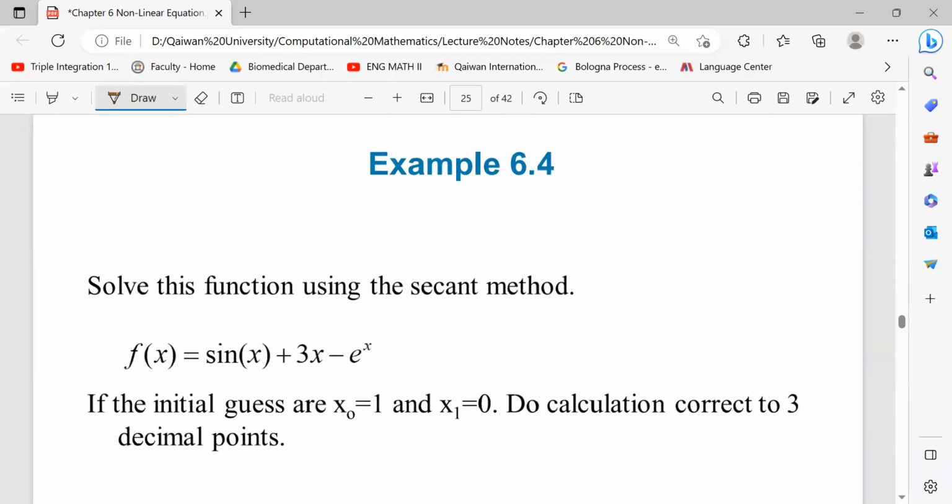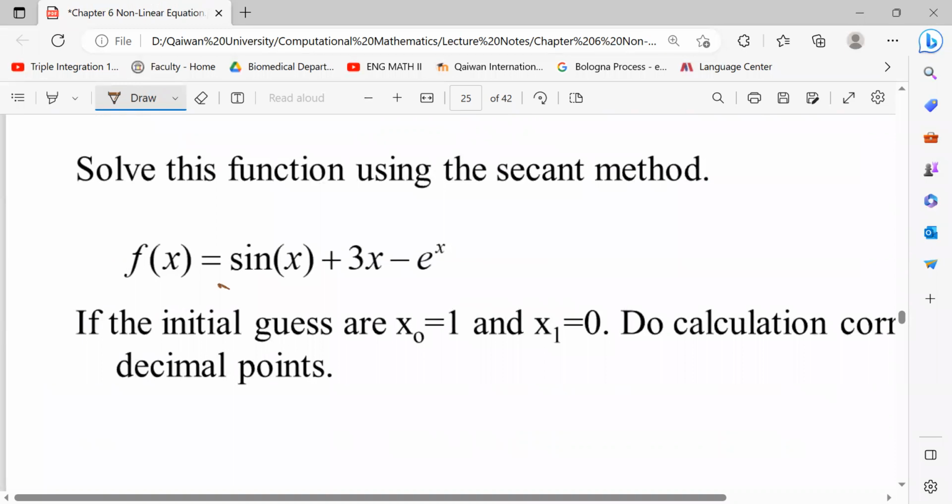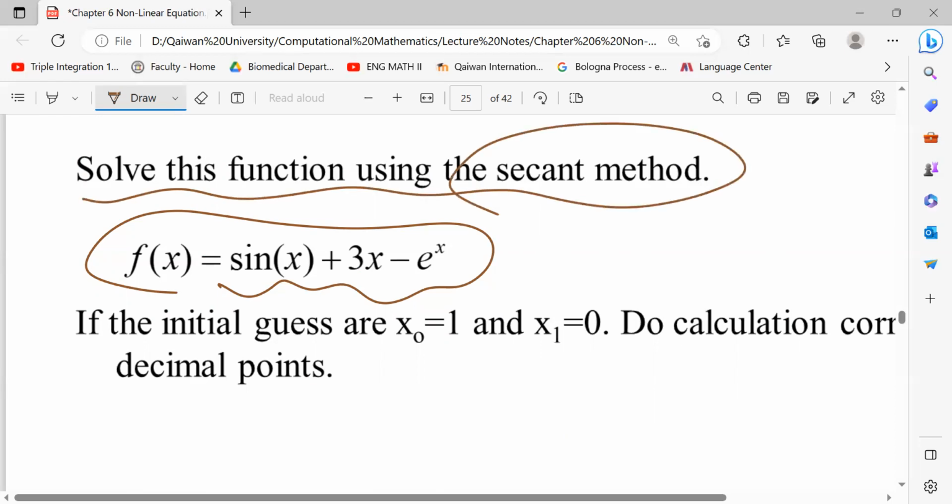Look at this example. It says solve this function by using the secant method. This function is impossible to solve by hand and finding the exact solution, so here we must use numerical methods. It's given that we use the secant method.